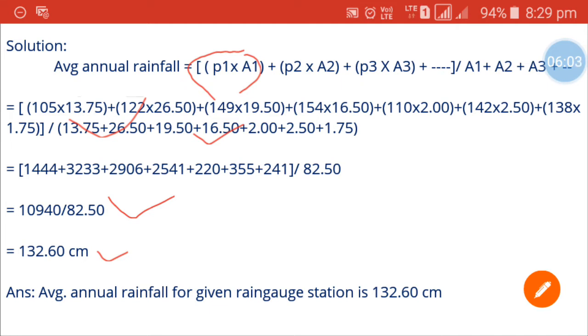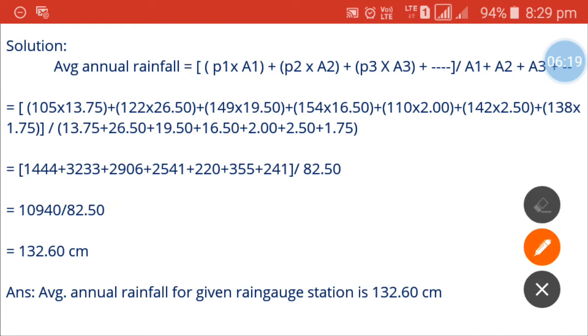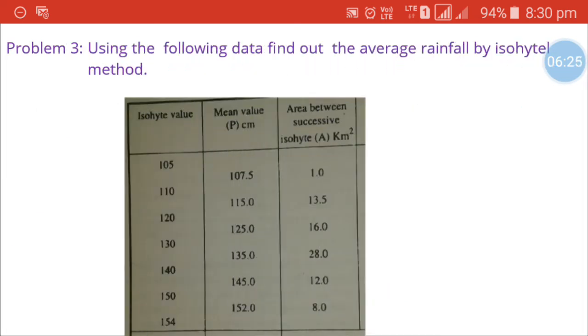Thus, by Thyssen polygon method, the average annual rainfall is 132.60 centimeters. Here, as we see, the area is also taken into consideration, and that is why this particular method will give us a more accurate result.